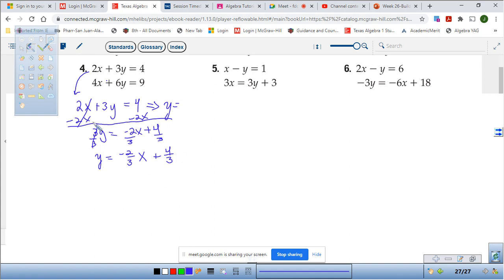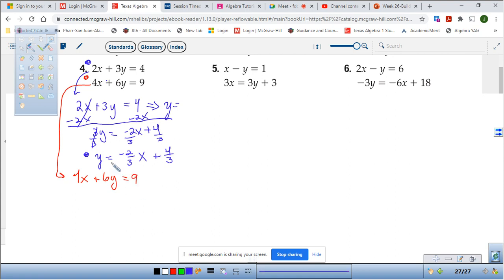Okay, so just FYI, this one here and this one here are the same. They just look a little different. Now what we're going to do is plug this one into that red one. So we're going to go with 4x plus 6y, bringing this one down, is equal to 9.